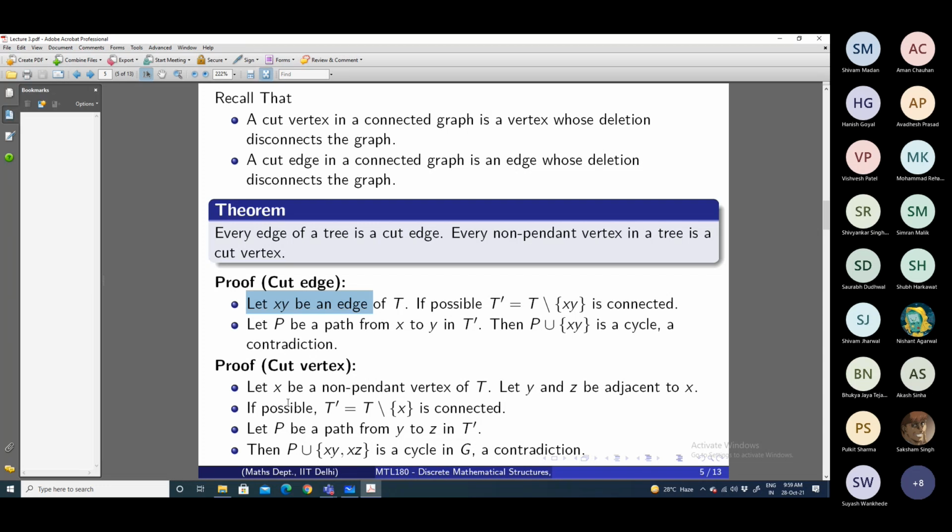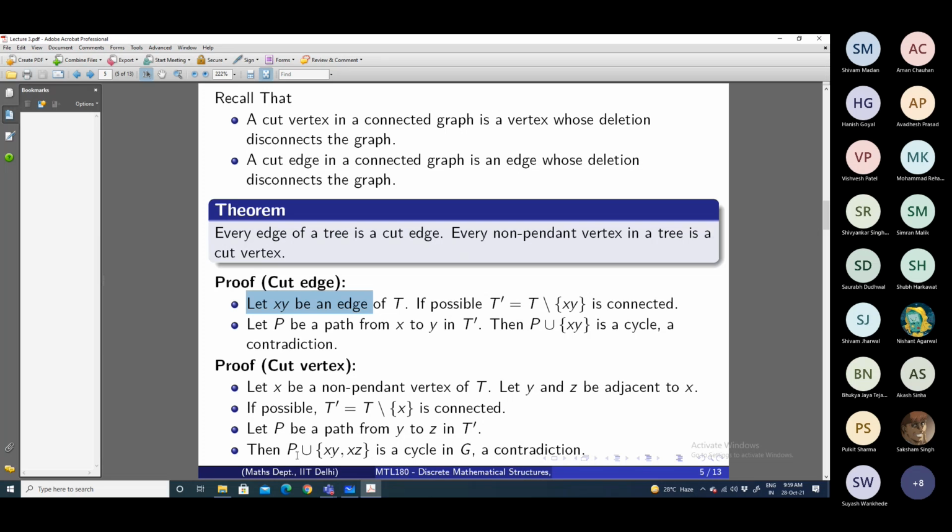Similarly, let X be a non-pendant vertex of T, and let Y and Z be adjacent to X. Suppose, if possible, that T dash, which is T minus X, is connected. Then there is a path P in T dash from Y to Z. Obviously this path does not contain X, because X is not in T dash.